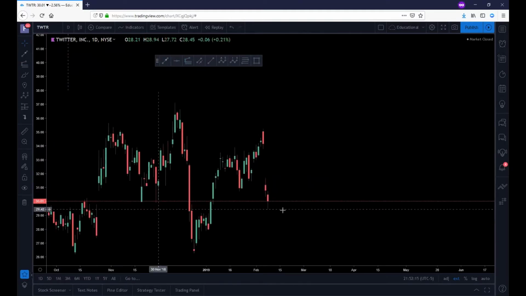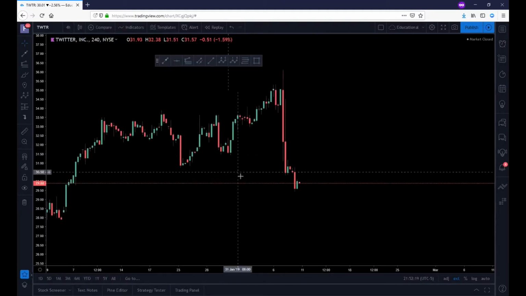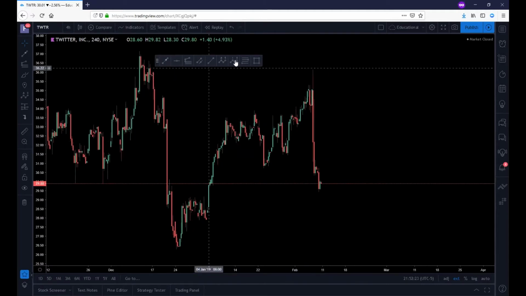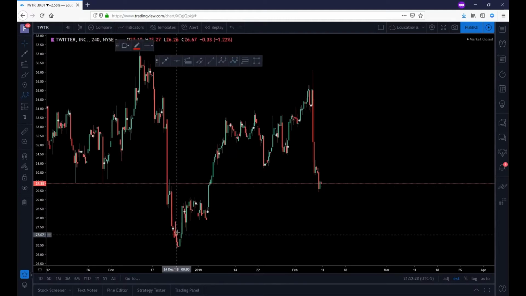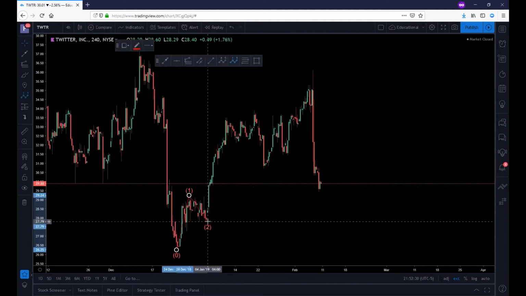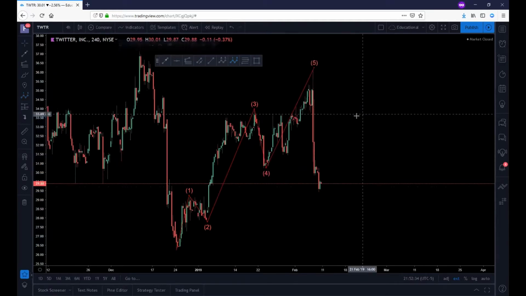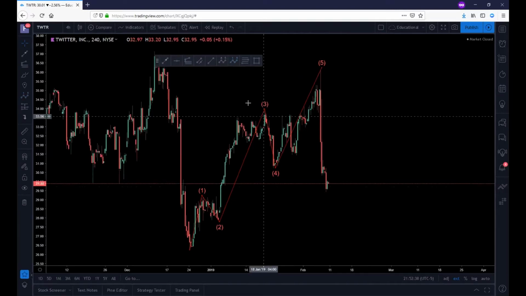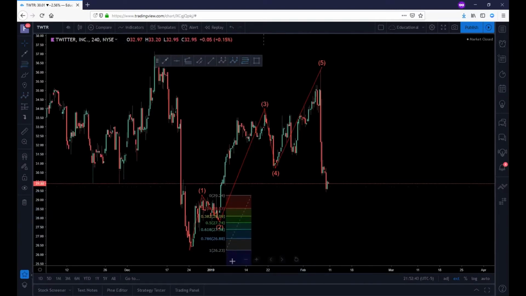So that's for correctives. How about impulsives? Let's go deeper. So let's see, do we have an impulse wave here? Can we say that we have a wave 1, 2, wave 3, 4, and a 5 completed? Let's see. So wave 2 is typically at a 0.5, right in between.